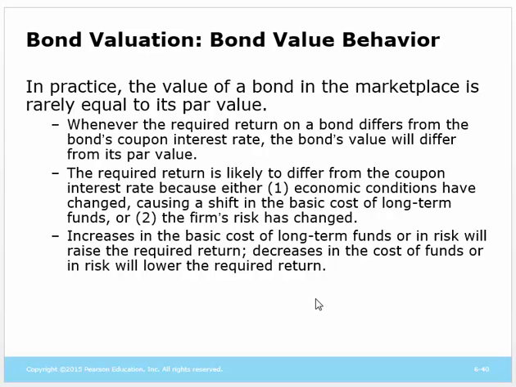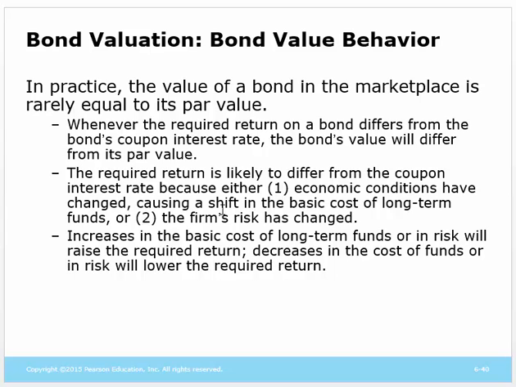Now, it's rare that a bond's value and its par value will be the same. It usually only happens twice in a bond's life: once when it's issued and once when it matures. In between, the bond price changes. The interest doesn't change. The time gets shorter and shorter.